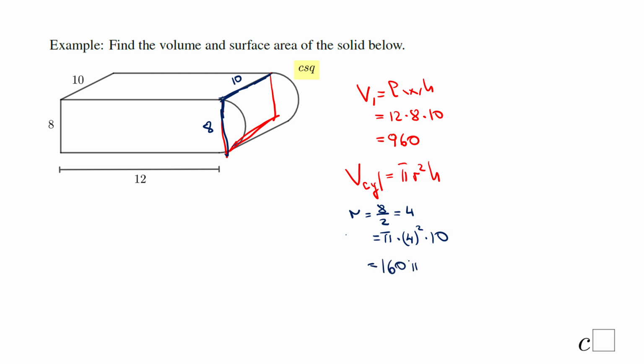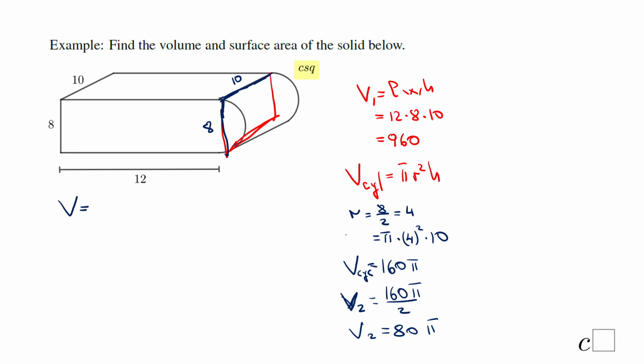But this, ladies and gentlemen, is the volume of the cylinder. It's not the volume of the half of this cylinder, which I'm going to call V2. So how do I get V2? I'm going to divide by 2 this 160 pi, because it's half. And now we can find the volume of this composite shape.